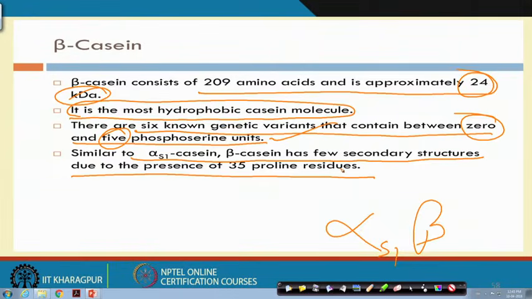So, here you see that beta casein has a few secondary structures, which may help to resist proteolysis a little, right.